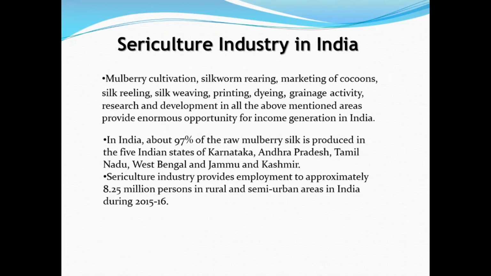Silkworm industry provides enormous opportunities for income generation in India. In India, about 97% of raw mulberry silk is produced in different states including Karnataka, Andhra Pradesh, Tamil Nadu, West Bengal and Jammu and Kashmir. Sericulture industry provides employment to approximately 8 million people in rural and semi-urban areas in India.